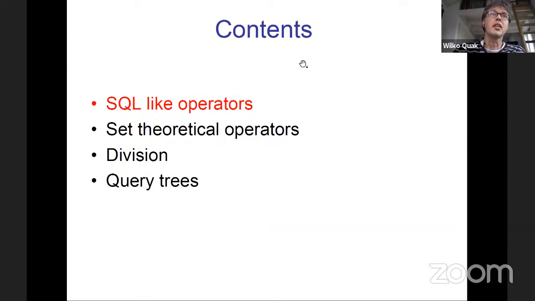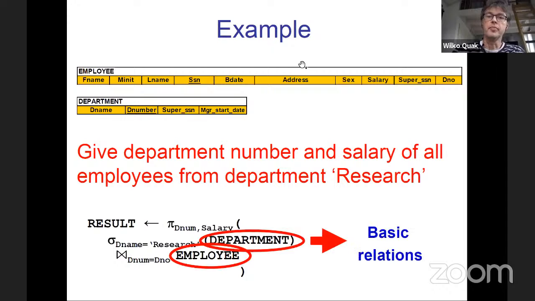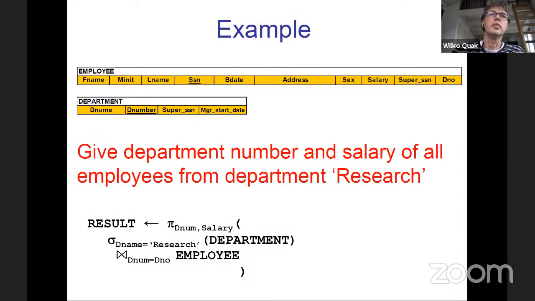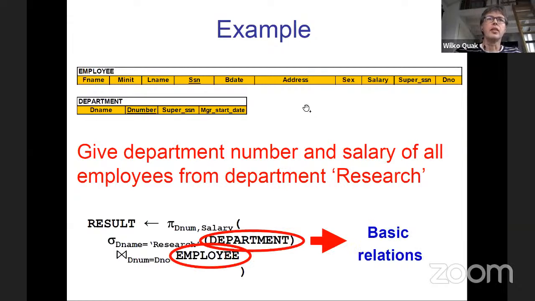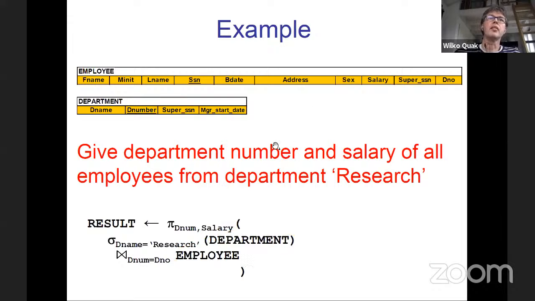Now we start. How do we get from these SQL queries to algebraic operations in relational algebra? Here we have a query: give me all the department numbers and the salary of the employees from department research.